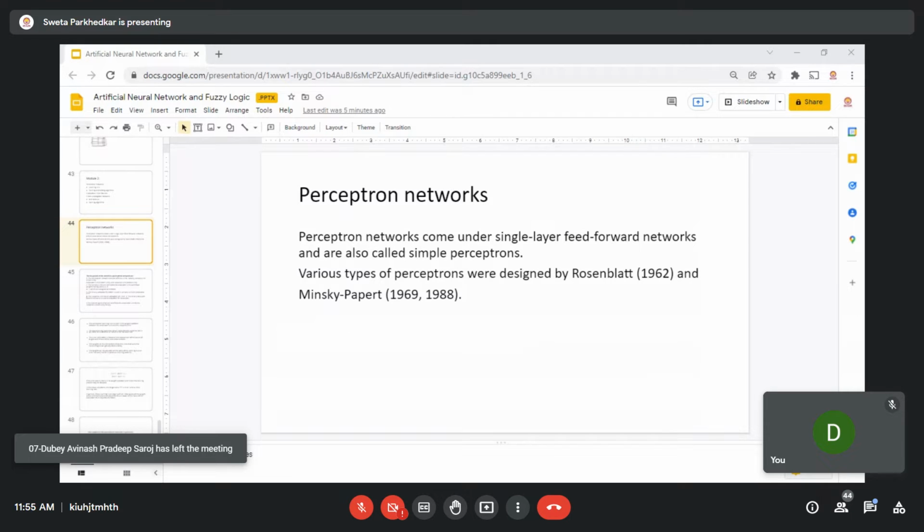So these 5 basic features will be extracted by the perceptron.